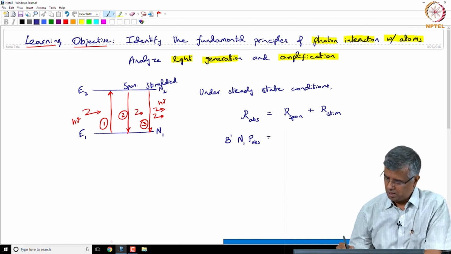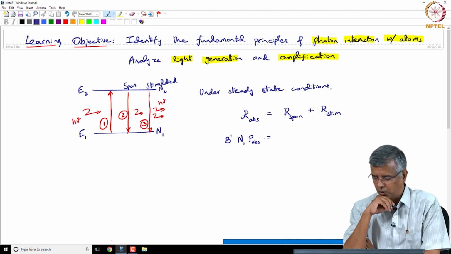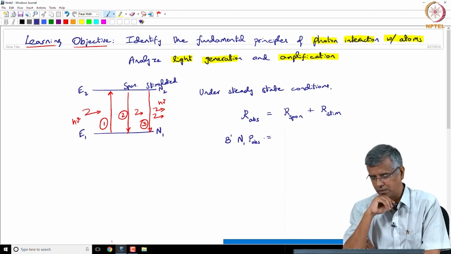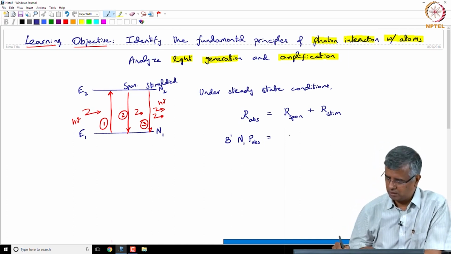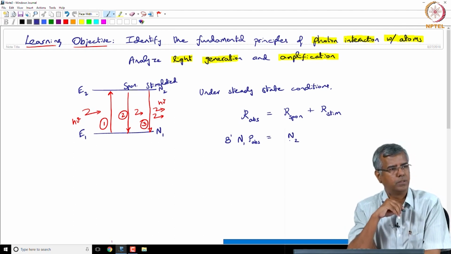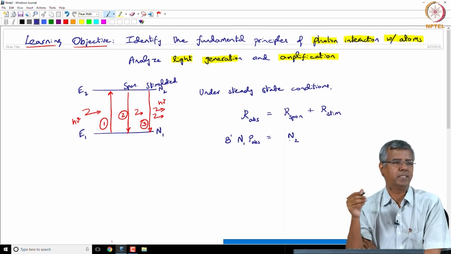Okay. And similarly, as far as spontaneous emission is concerned, spontaneous emission happens at a particular rate. It certainly depends on N2, right. Only if the atom is in that excited state is it going to have spontaneous emission, otherwise you cannot have emission.